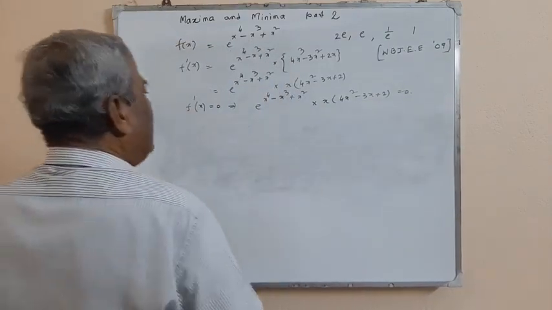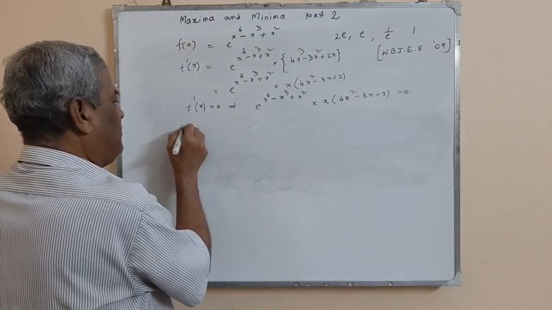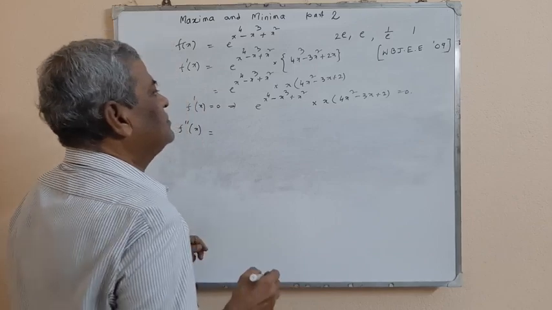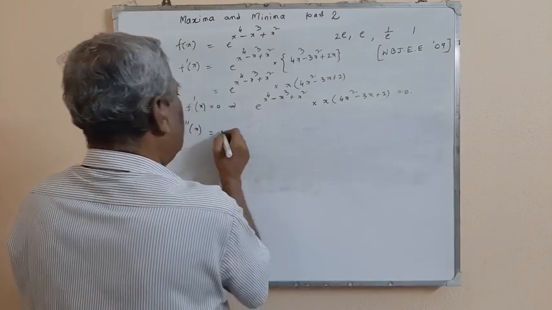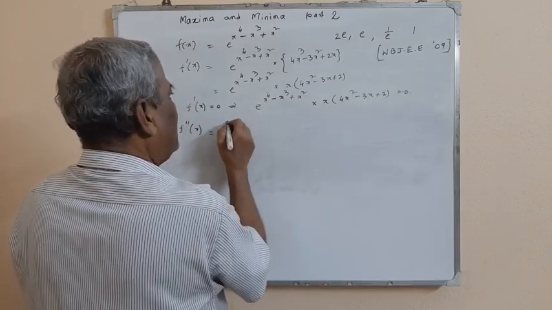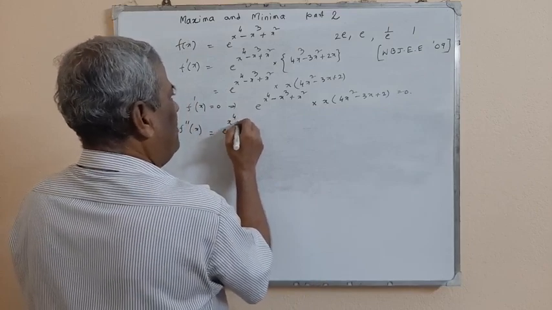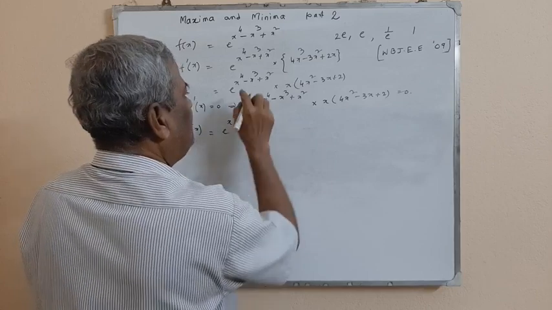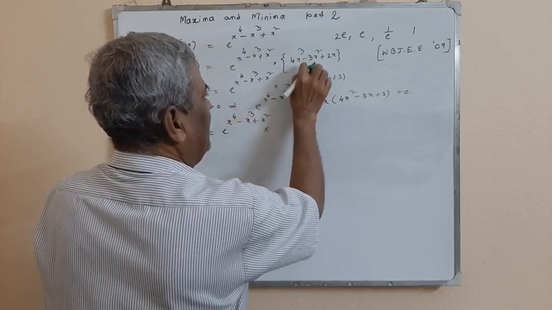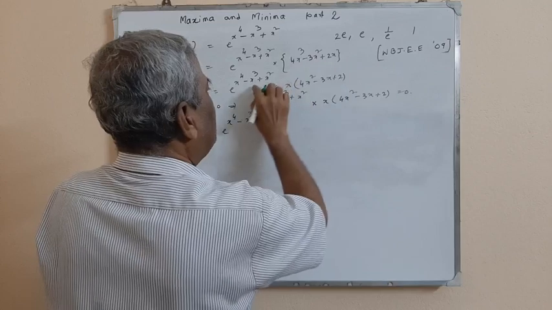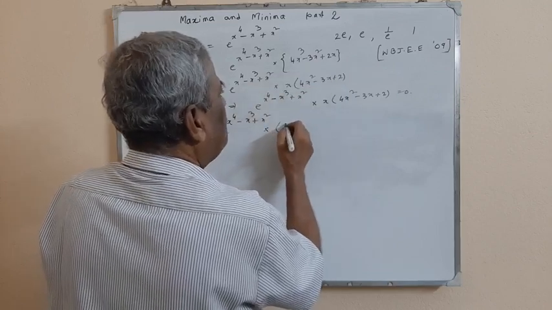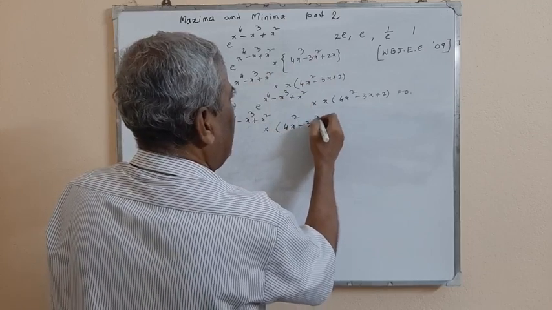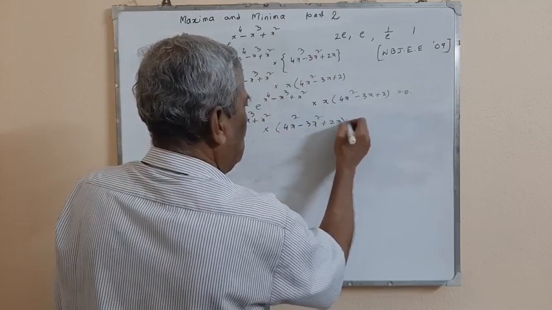On second derivative, f double dash x is equal to e to the power x to the power 4 minus x cube plus x square into its derivative, that is again this one, so it will be 4x cube minus 3x square plus 2x whole square.